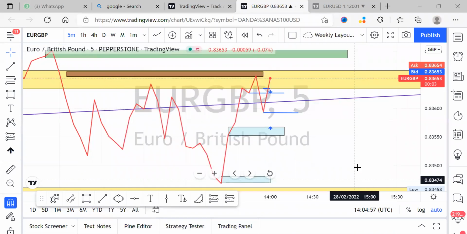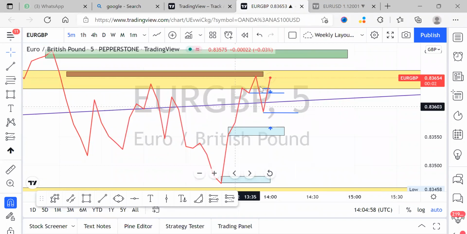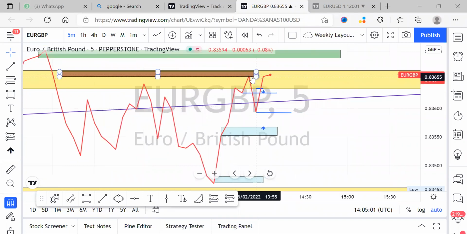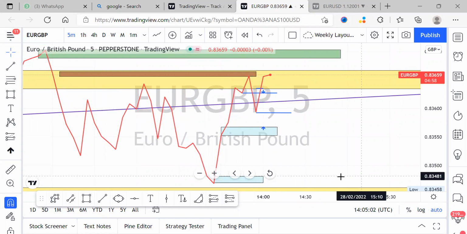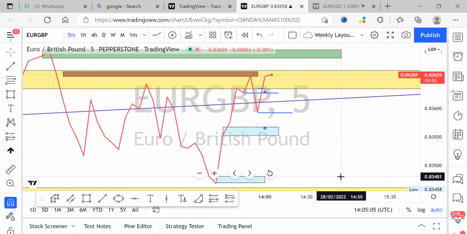Right, so if you now look carefully how it reacts from that zone, how it reacts from that zone is our indication. Is it going to break that zone or is it going to react from that zone? That's what we need to identify.